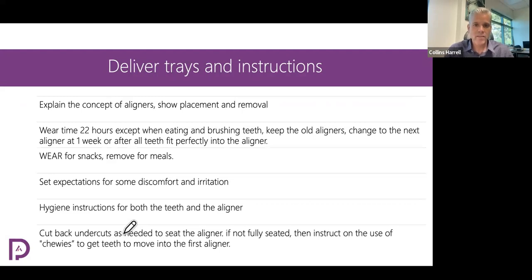When we get the trays, when we get the aligners, we're going to go through the instructions with our patient. There is a nice little patient instruction booklet inside of the patient kit. We're going to explain aligners to the patients, help them understand how the teeth are moving, and help them understand that there needs to be a force present on the teeth for 22 hours a day in order for the teeth to respond and move.